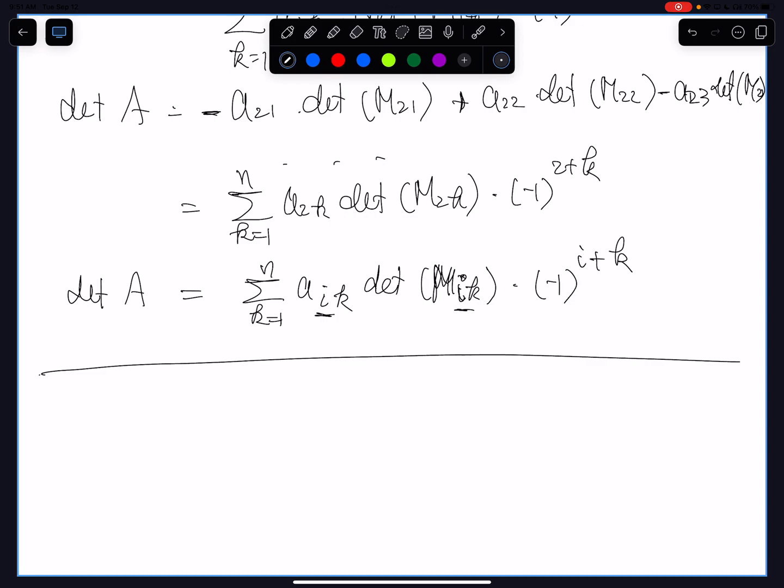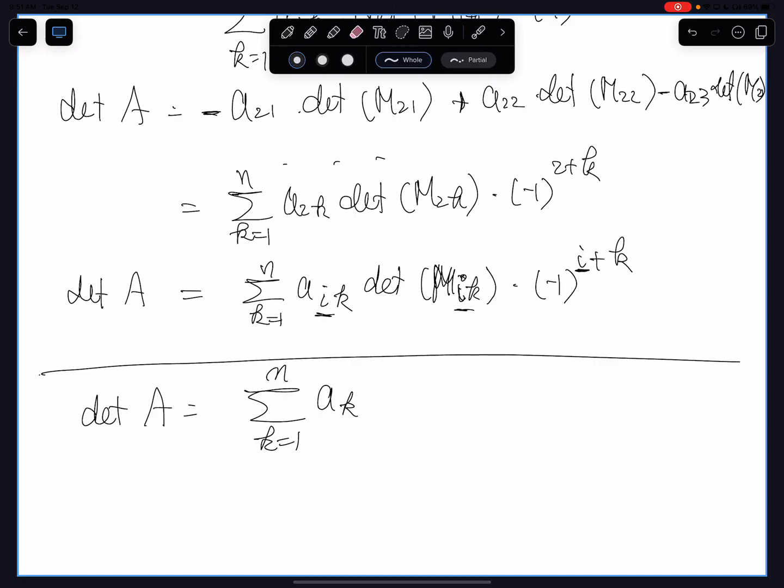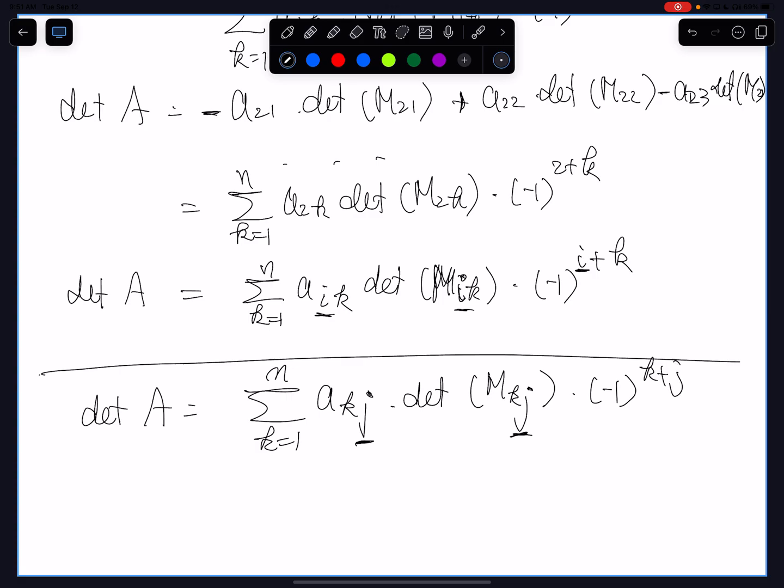So for any row, you can get the same thing. I'm just going to state without proof that you can do the same thing for any column. So for any column j, this will define the same determinant.